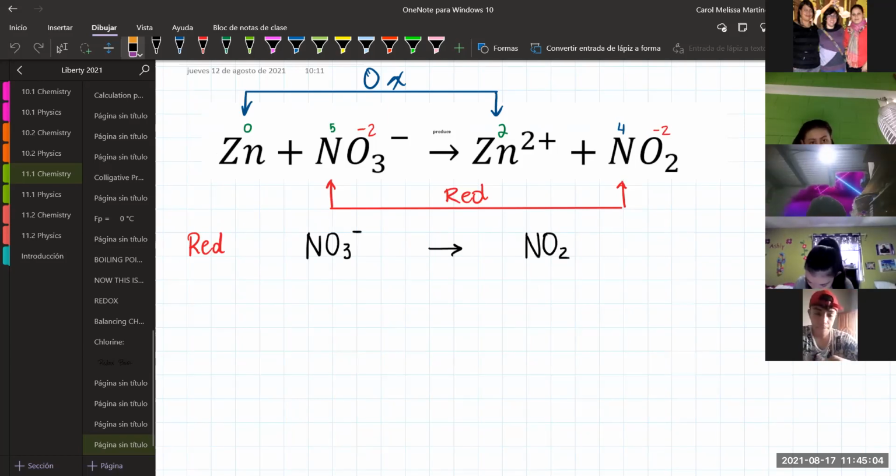Okay? So what I do after is I'm going to balance the elements. I have nitrogen and oxygen. I count the atoms in the two sides of the reaction. Nitrogen is 1 and 1, and oxygen is 3 in the reactants and 2 in the products.